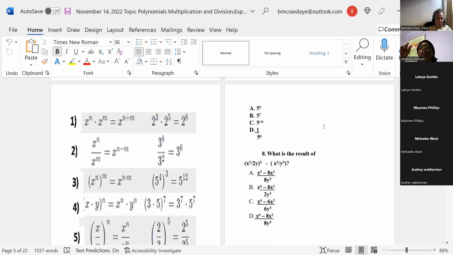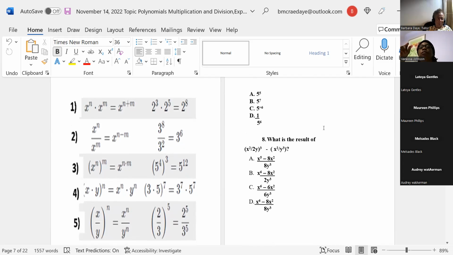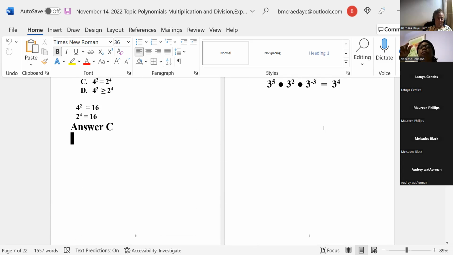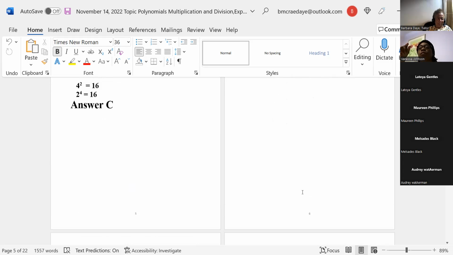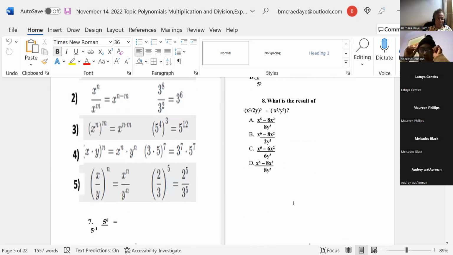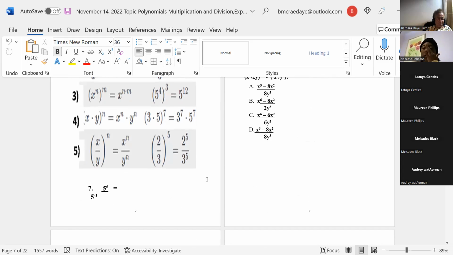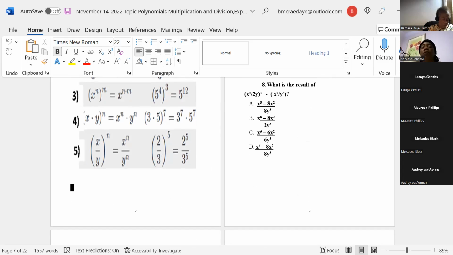Even if you had 5 of them, you still add the powers. So your answer should have been property 1.